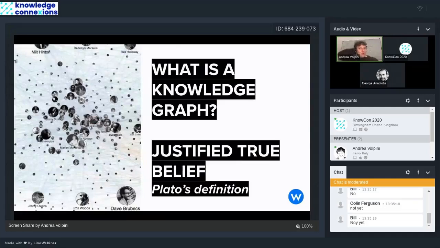So we'll now move into a quick overview of the knowledge graph that I built for this workshop. But first of all, of course, we need to introduce what a knowledge graph is. And I like to go with a very simple justified true belief theory that is attributed to Plato.